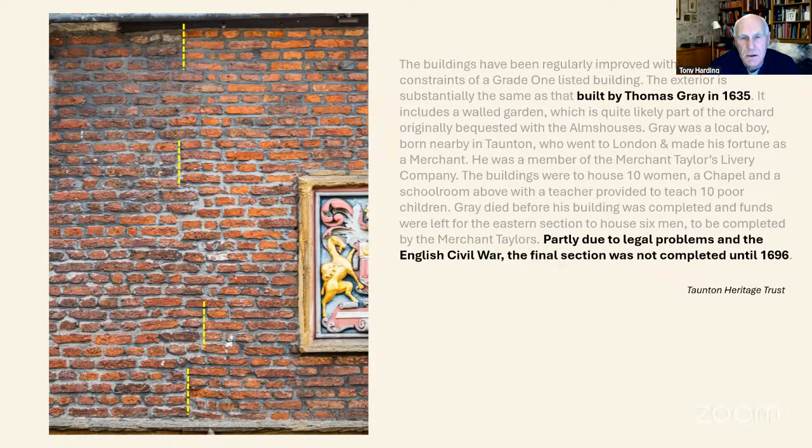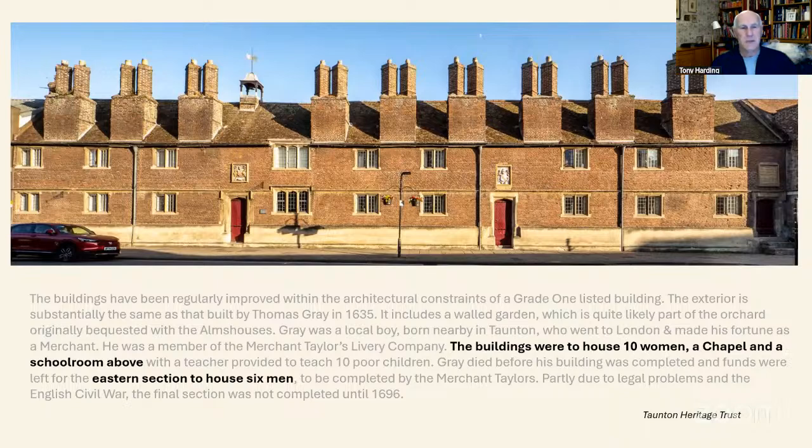And it tells us that although the building was built by Thomas Gray in 1635, he was this local philanthropist, it says down at the bottom there that partly due to legal problems, I'm guessing that means they ran out of money, and the English Civil War, there was a section that was not completed until some 60 years later, until 1696. And just standing back looking at that general shot then, there's a bit of evidence there that seems to square with it as well.